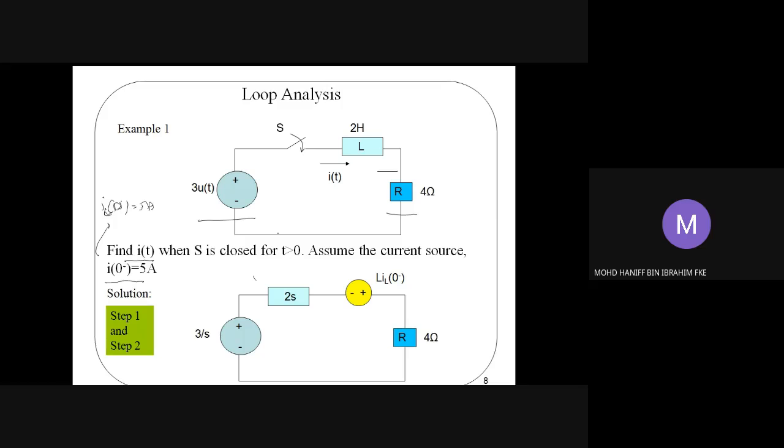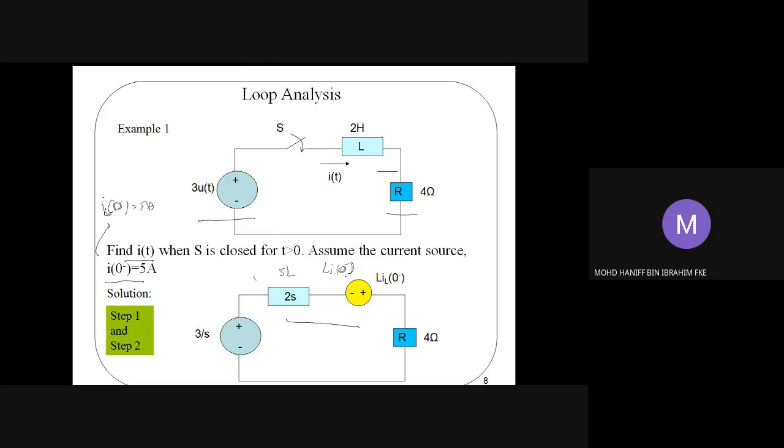Now we're going to do the transformation. From what we have learned before, you can refer back to the slides for the inductor. Because we are dealing with the Kirchhoff voltage law, we need to transform the inductor into this form, where we have the inductor's impedance of SL and the voltage source of Li 0 negative.